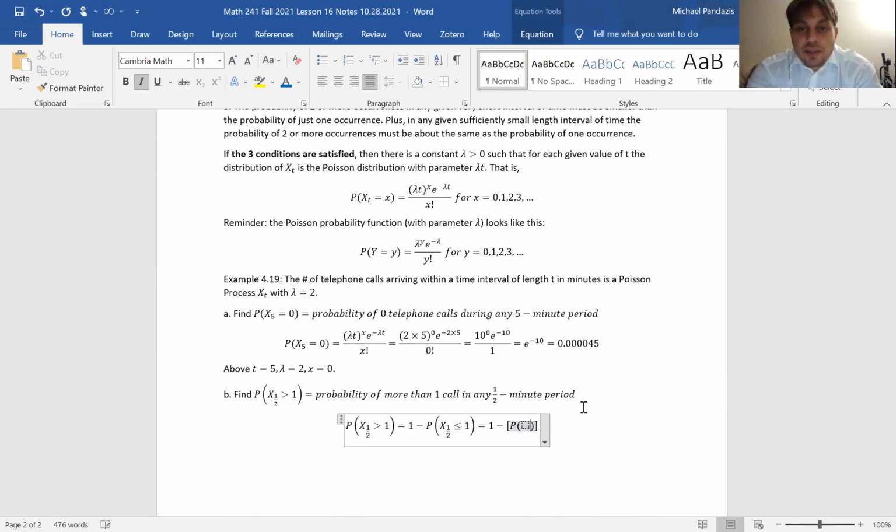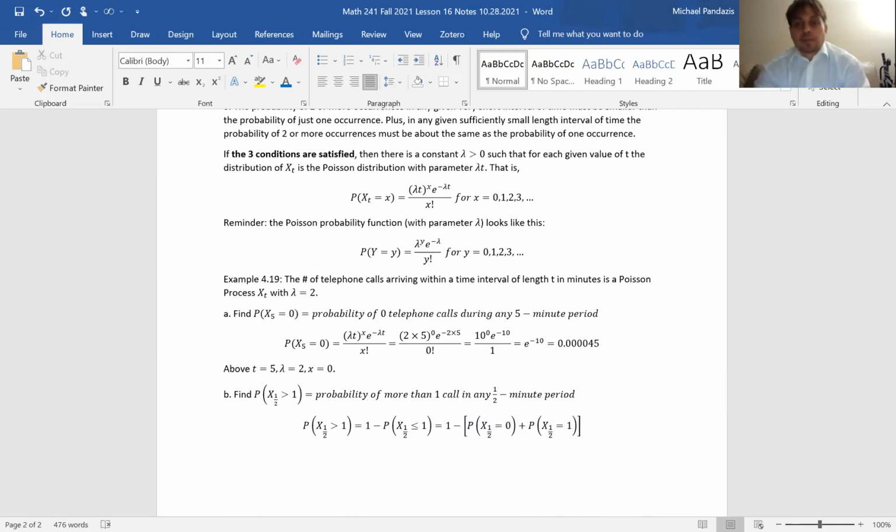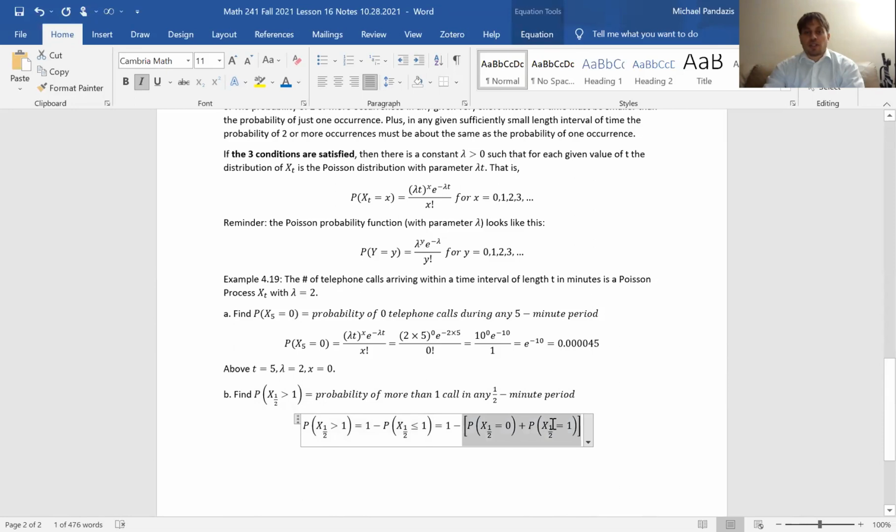You could either get 0 phone calls, or you could get 1, right? So if x is less than or equal to 1, then if x sub 1/2 is at most 1, it could either be 0 or it could be 1. Okay, so this probability at most 1 is the sum of the probabilities of it being 0 and 1. So it's 1 minus that sum.